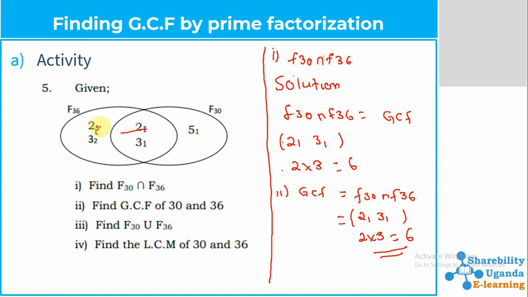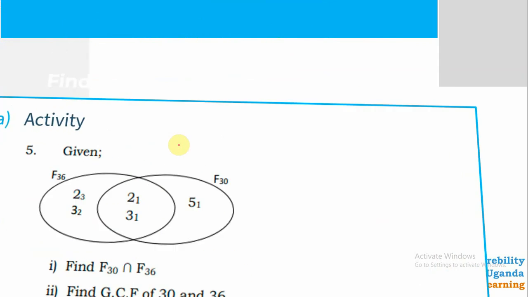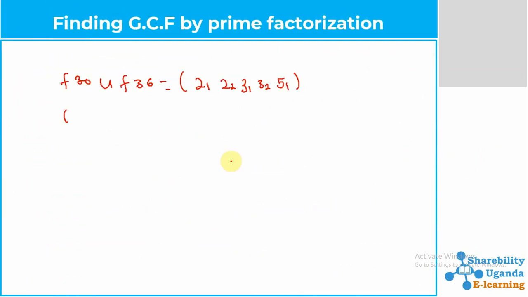We have 2^1, 2^2, 3^1, 3^2. Let's put this in set form.